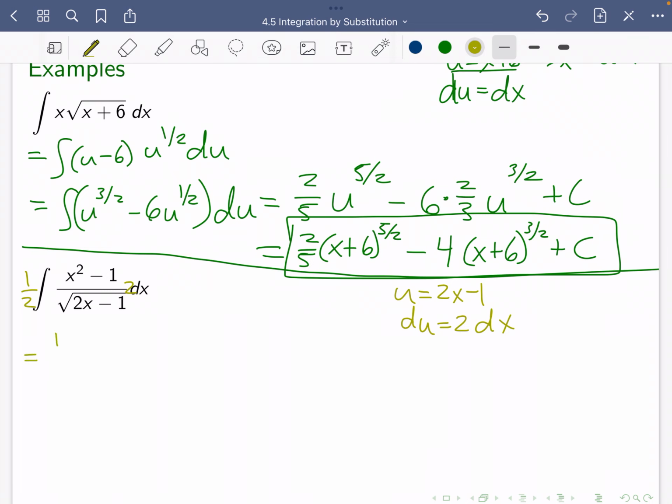So we now have a 1/2 integral of u to the negative 1/2. We have the du, but we also need to deal with this stuff on top. So we need to change those from values of x's to values of u's. So if u is 2x minus 1, then x is u plus 1 over 2. So we can replace that x on top by u plus 1 over 2, squared, minus 1.